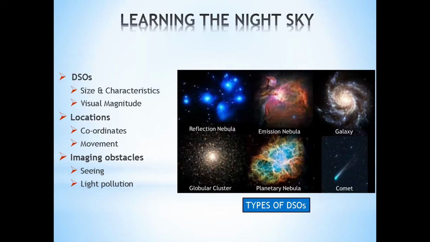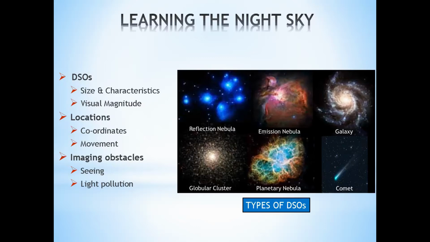There are many different types of deep sky objects. Reflection nebulae are essentially gas clouds around stars, and the starlight highlights the gas clouds. Emission nebulae are where the gas clouds are actually ionized and emit radiation, which you see. We're all familiar with galaxies.